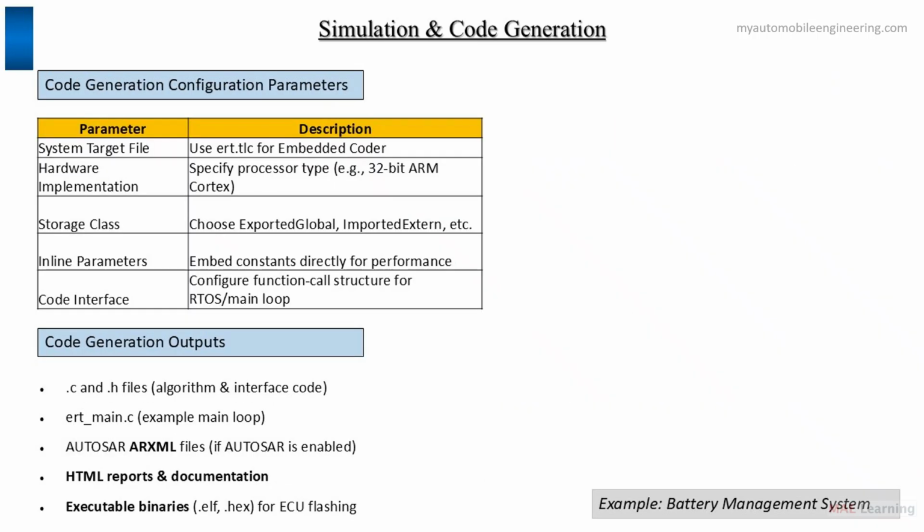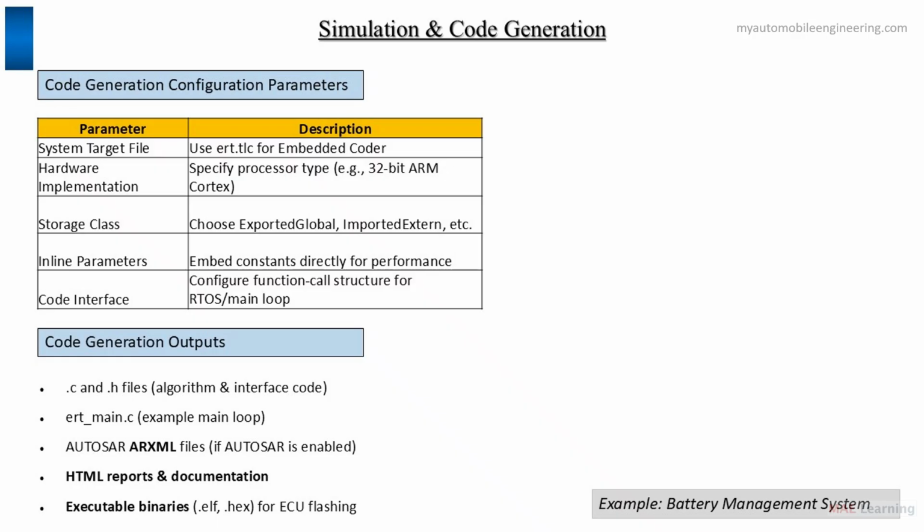After learning how to generate the code from Simulink models, there are some code generation settings, like configuration parameters, that we need to set. These are important settings you must check before starting the code generation process. So what are the configuration settings? Basically we need to set a system target file. We will see this just after this video in our Simulink window.